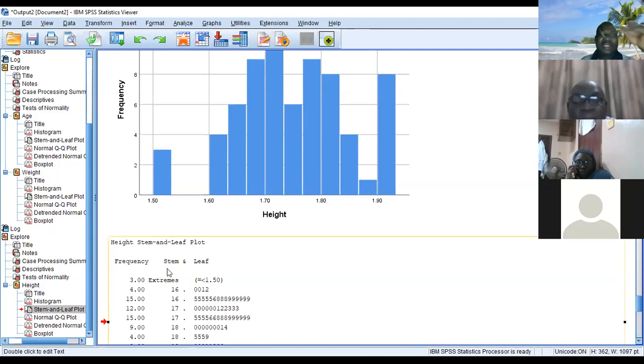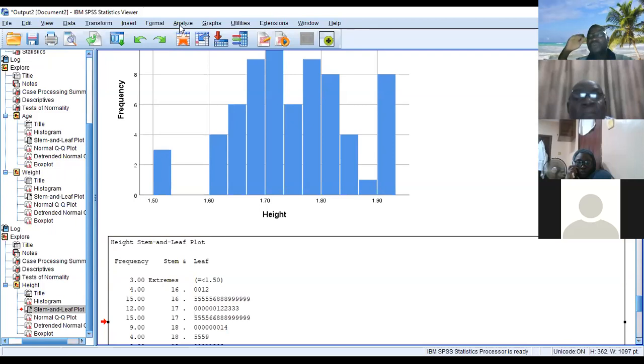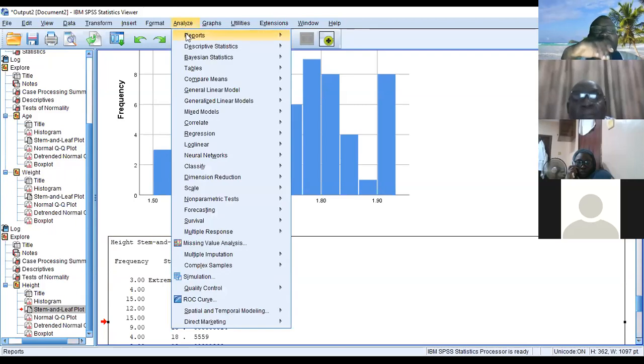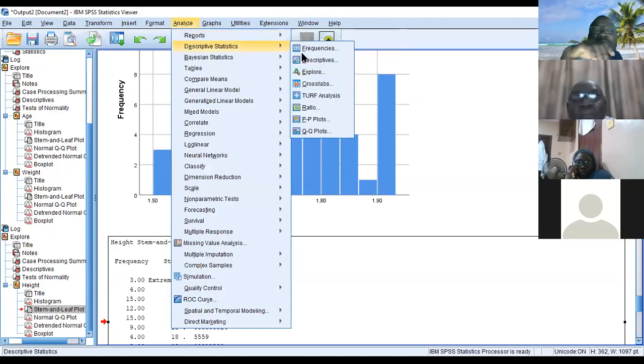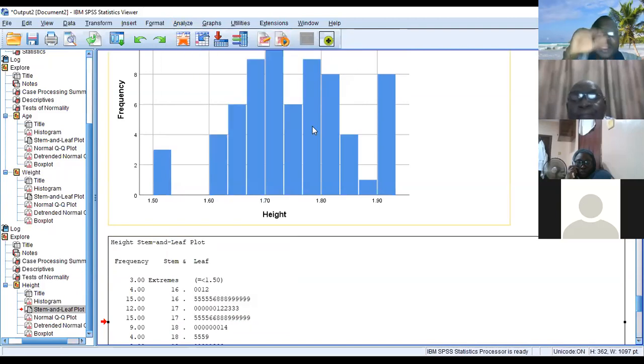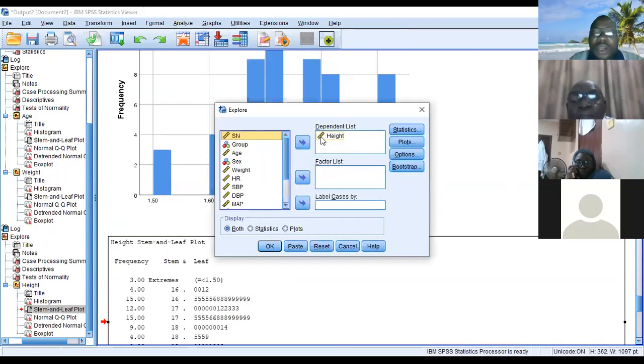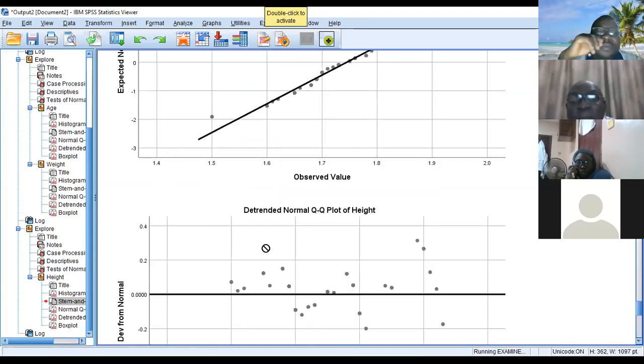Okay, go to analyze again. Go to that explore. I still want to do something. Explore. Click under factor. Move the group variable. Click on that group and move it under the factor list. Click OK. You will see what will happen. Scroll down to the result.